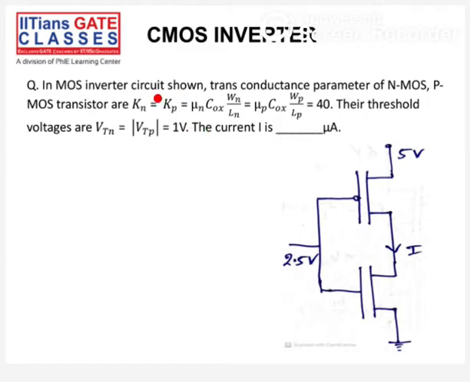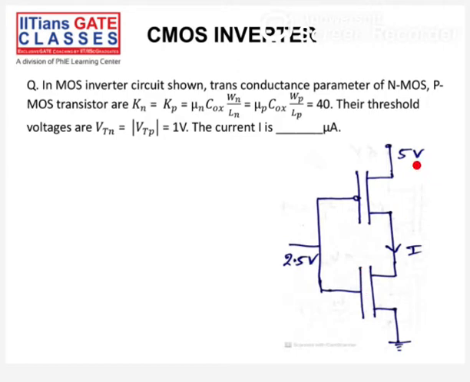Now in this question, we can see a MOS inverter. This is PMOS and this is NMOS. PMOS can be expressed by this figure, and it is indicated by this. Here we have a circle. That circle shows it is PMOS, and if there is no circle, it shows NMOS.